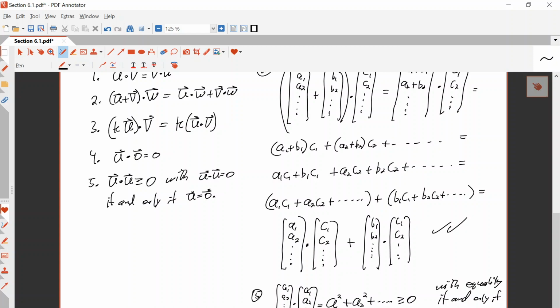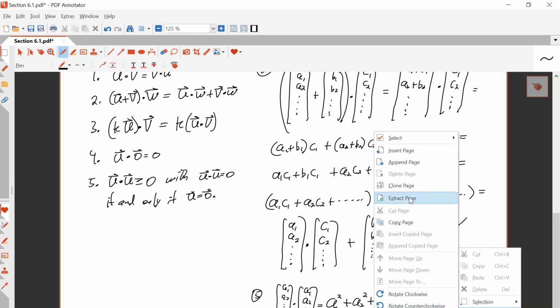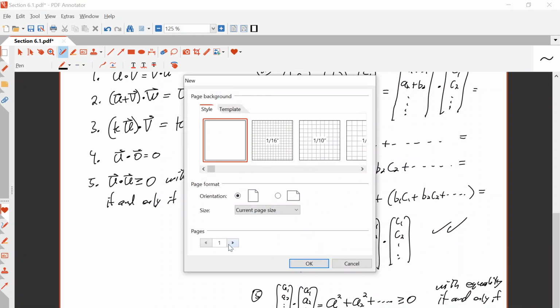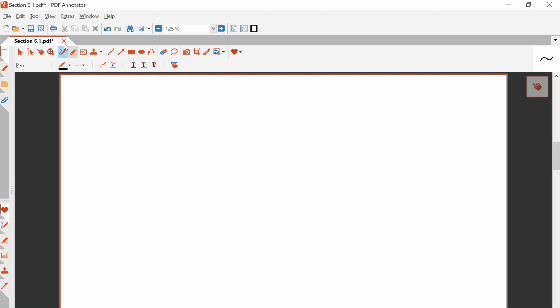And only if they're all 0, right? Because a bunch of squares is always positive, and it's 0 only when each individual square is equal to 0, so any sum of squares satisfies the same thing. All right, so those are the basics on the dot product there.